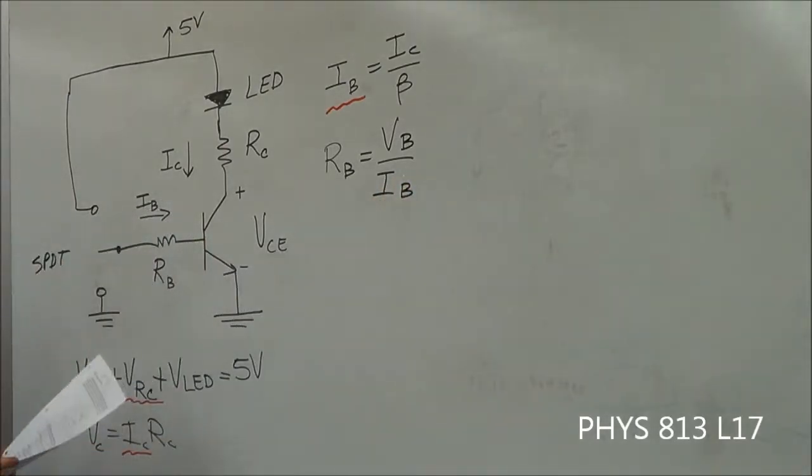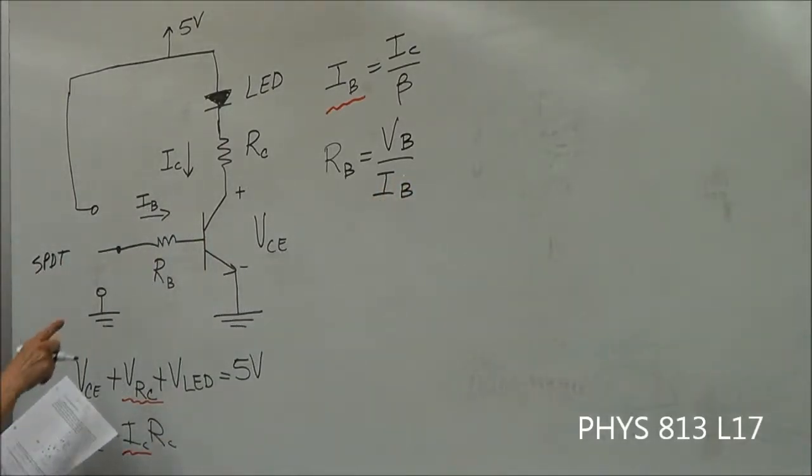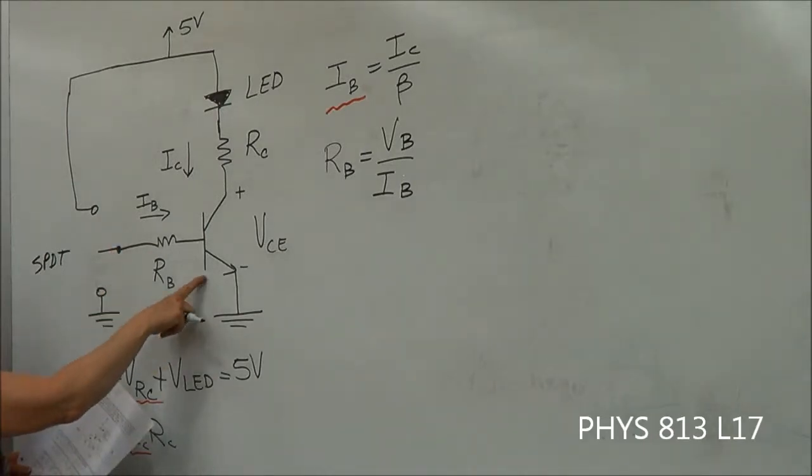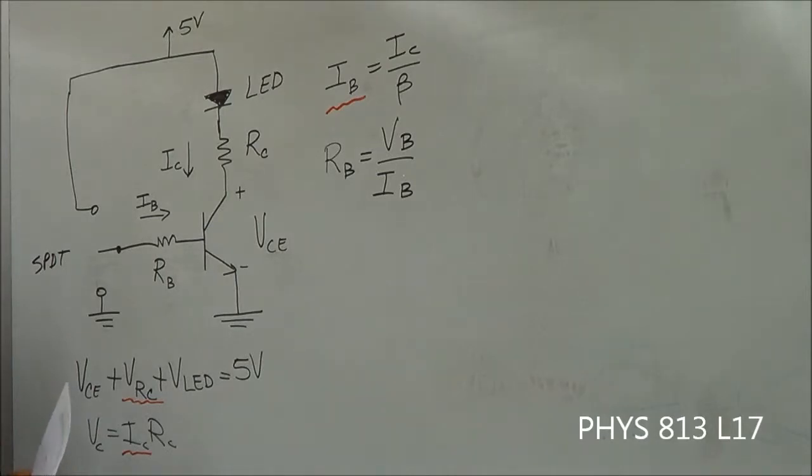And then the question is, how do we get the base voltage? Well, something else you found for the junction diode, in the first lesson of this unit, is that it turned on at around 0.6 volts.